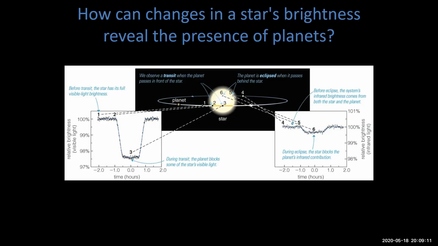But when you look at enough stars, you can find examples where this does happen. When the planet passes in front of the star relative to us, it blocks the star's light just a little bit. But if that blocked light happens at a regular interval, only planets can explain that phenomenon. There's nothing else that can explain the regular dimming of a star by the same specific amount over and over and over and over again.